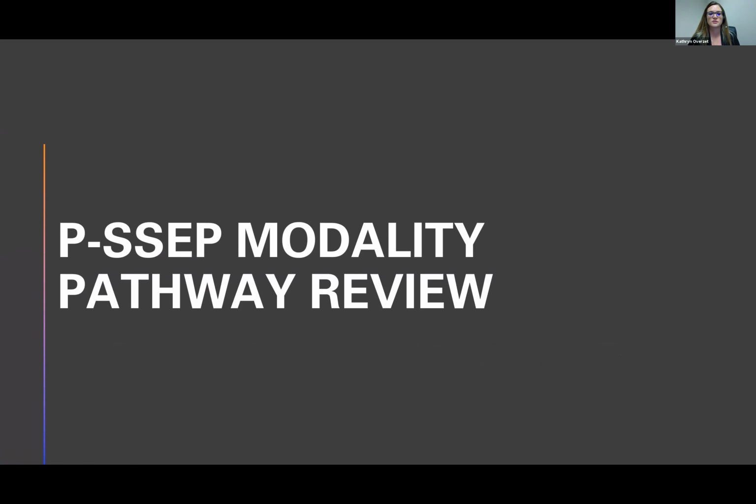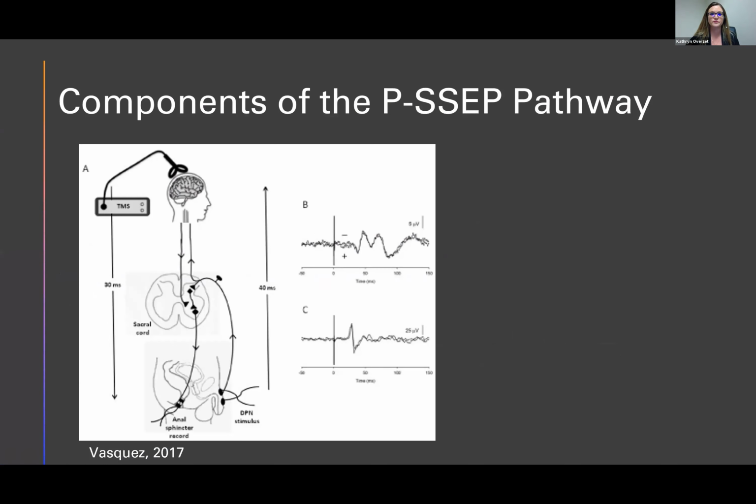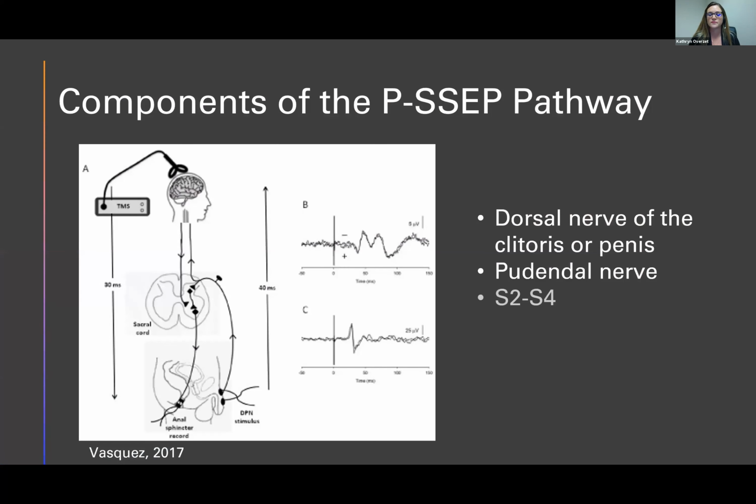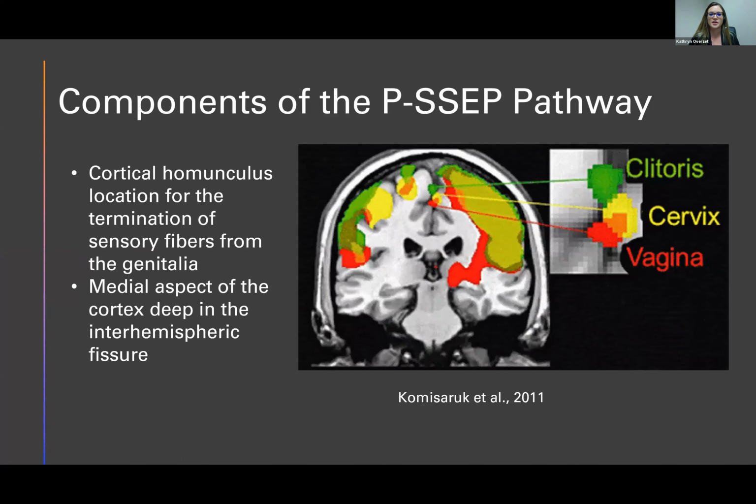And we'll start doing a little review of the pathway. So the components: stimulation, follows the nerve, up the nerve roots, through the spinal cord, and recording from sensory cortex.